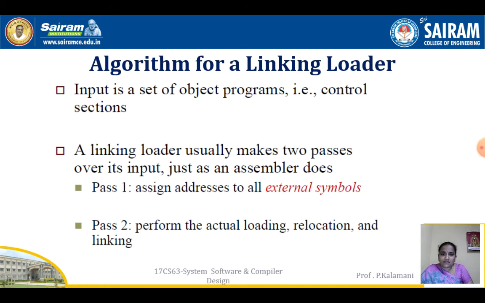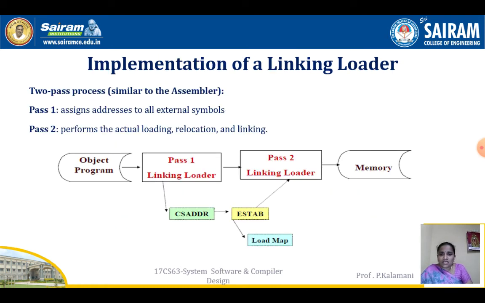Then the object program is given as an input to the linking loader. The linking loader also has two passes, pass 1 and pass 2. The output of the pass 2 assembler, containing header record, text record, end record and modification record, is given as an input to pass 1 of the linking loader.